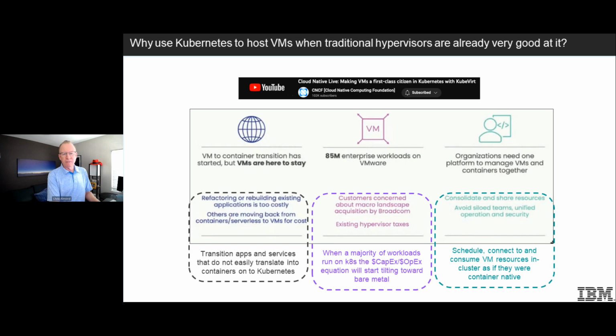On the left, this is all about how do we transition apps and services that do not easily translate into containers. Containerization, it's a challenge. It's not easy sometimes to decompose a complex application stack, refactor it, and rebuild it from scratch in a microservices-oriented way, where everything, or as much as possible, is declarative and able to be restarted at a moment's notice.